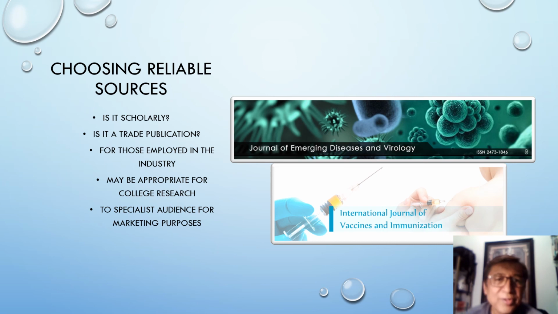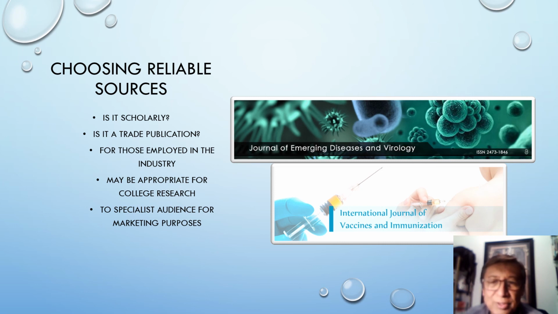Okay, a few other things here about being scholarly. Is it in a trade publication? Obviously, trade publications are those that are written for those who are employed in the industry. Some examples in the pictures here: Journal of Emerging Diseases in Virology, which probably these days is getting quite popular, right?